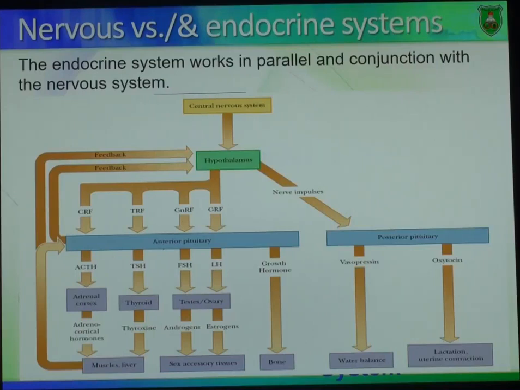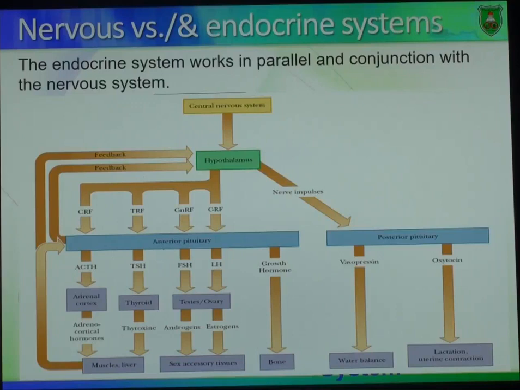The hypothalamus produces a number of hormones, like thyroid releasing factor or gonadotropin releasing factor, and so on. These different hormones can affect the anterior pituitary, producing more hormones, like follicle stimulating hormone, luteinizing hormone, and so on, and eventually affecting different organs.